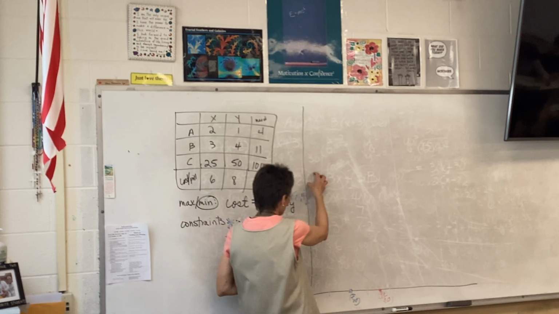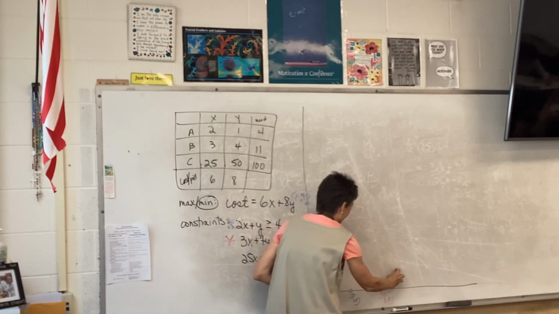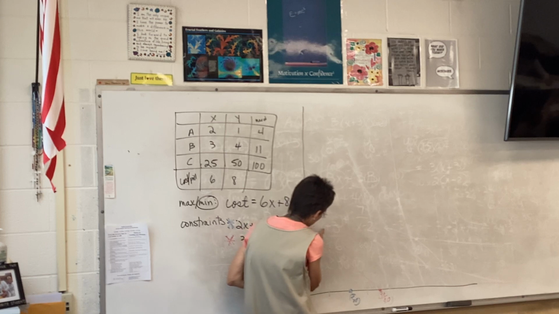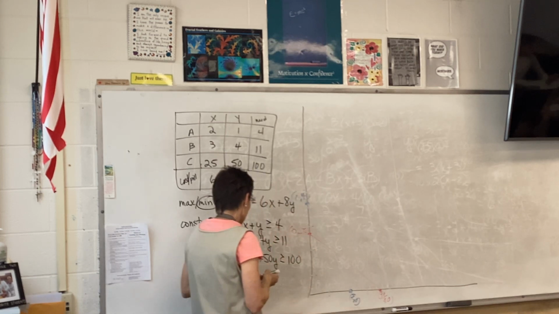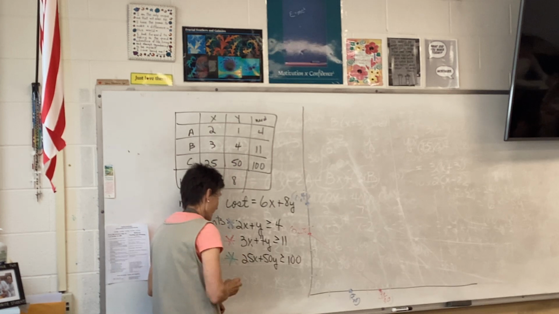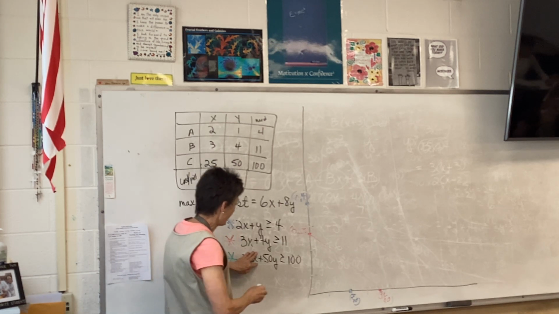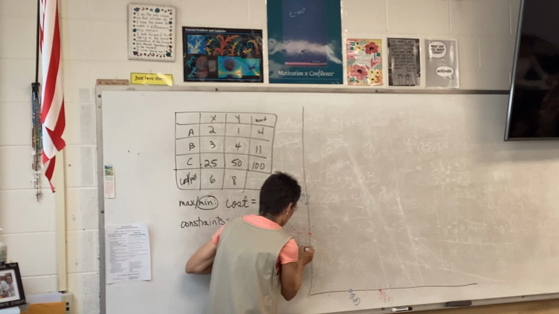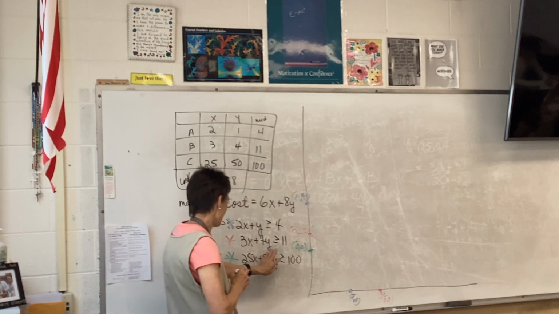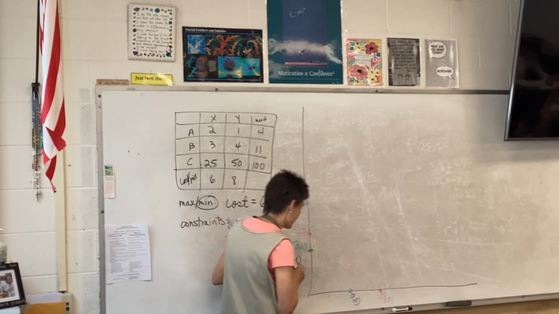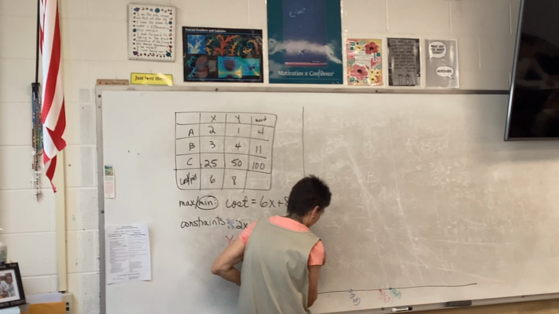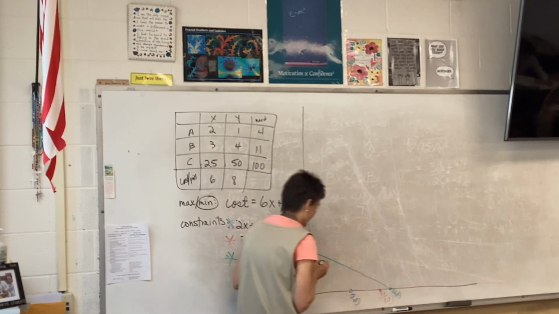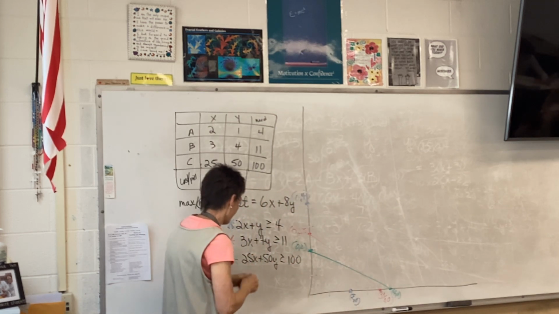So now I'm looking at the area right here. All this. And now this guy. Well, if x is 0, y is 2. And if y is 0, x is 4.